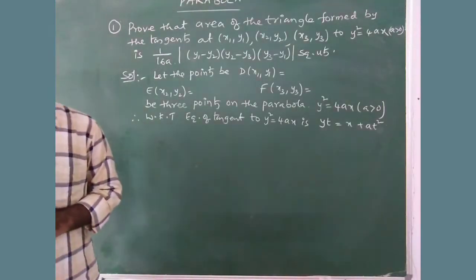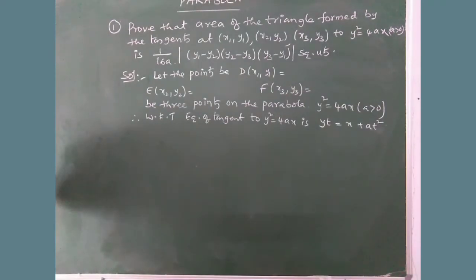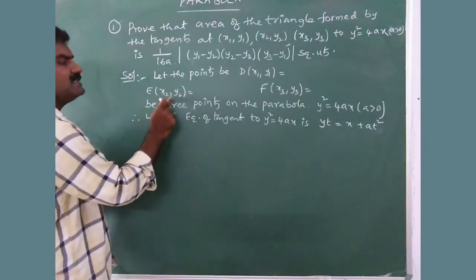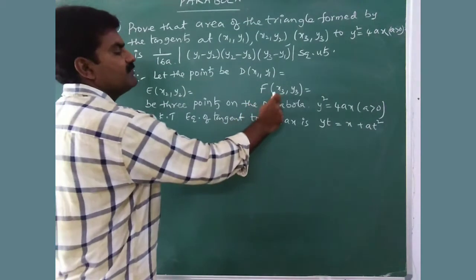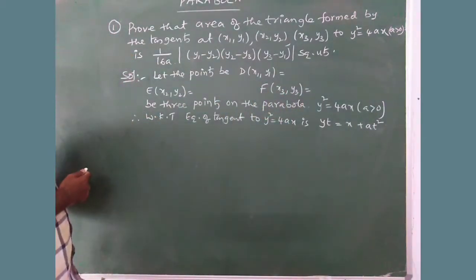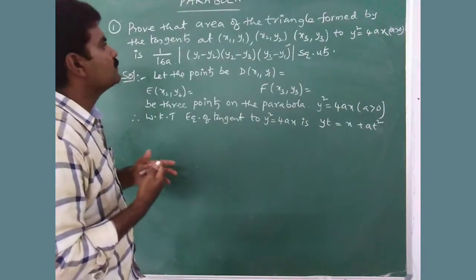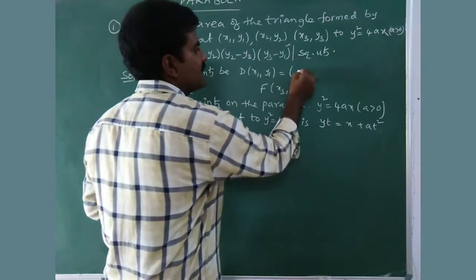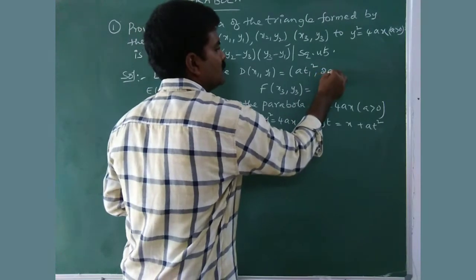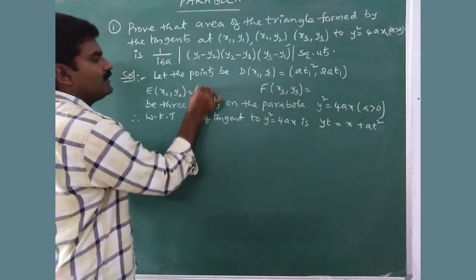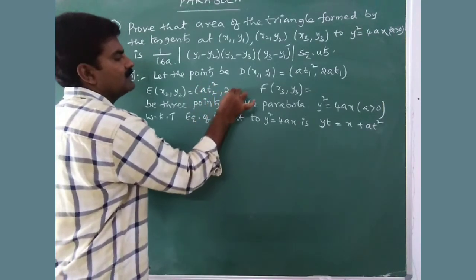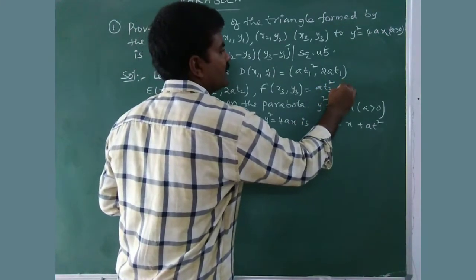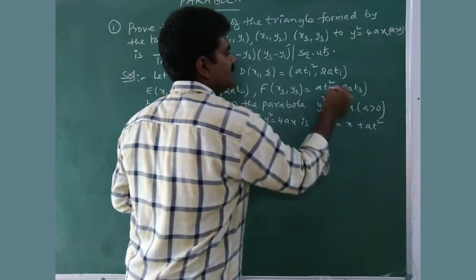Coming to the solution, let the given points be D x1, y1, second point E x2, y2, and third point F x3, y3. Now I want to solve this problem in parametric form, and assume the first point as at1 square, 2at1, second point as at2 square, 2at2, and third point as at3 square, 2at3. Isn't it parametric form?